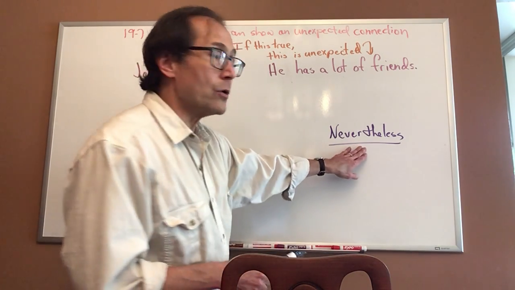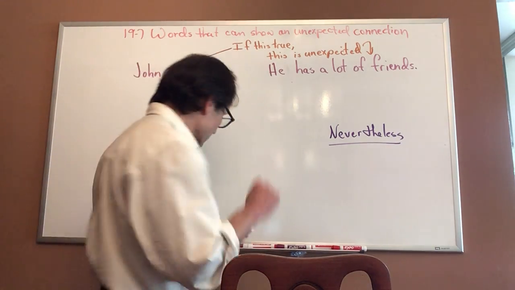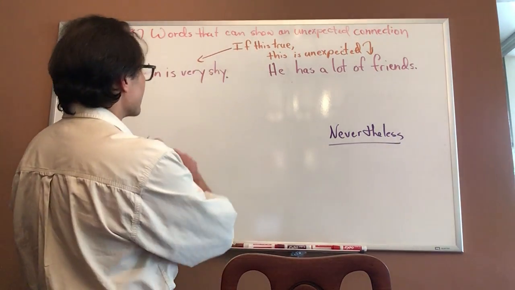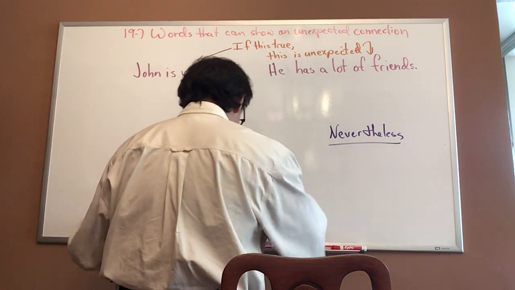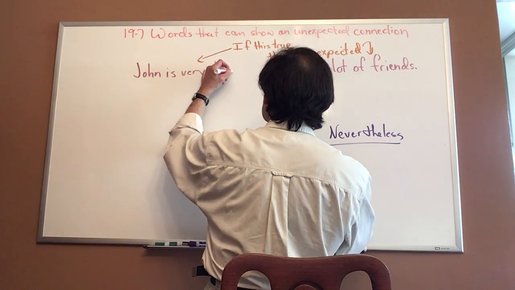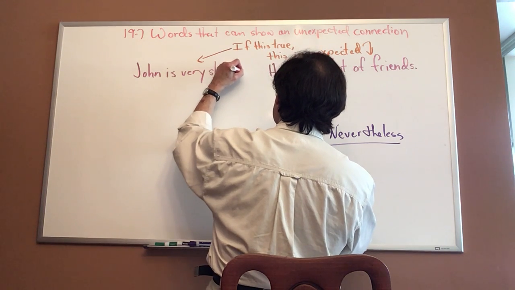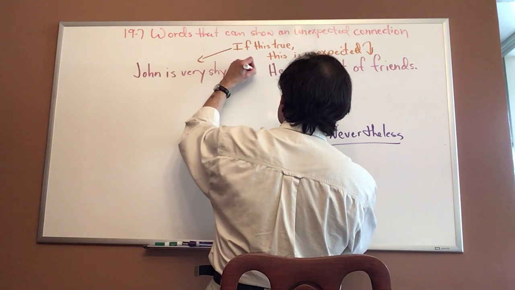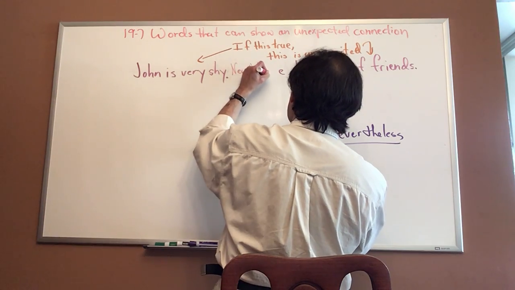So I say, oh, okay, nevertheless does not join sentences. So I have two choices with this. I could say, and I think I'm going to have to write small here, John is very shy, period. Notice I'm keeping the period. Nevertheless, comma.